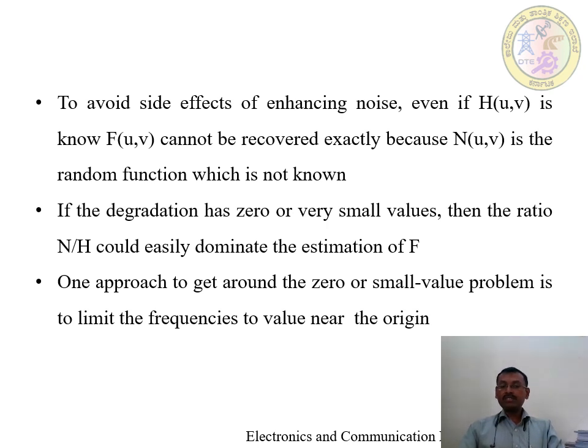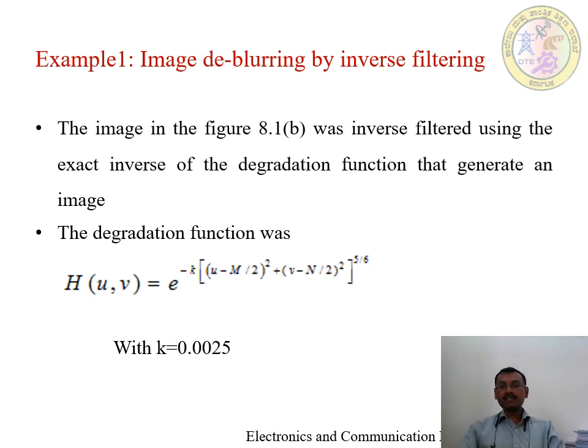So if the degradation has 0 or very small values, then the ratio N/H could easily dominate the estimation of F. One approach to get around the 0 or small value problem is to limit the frequencies to values near the origin. So let's consider an example of image deblurring by inverse filtering.